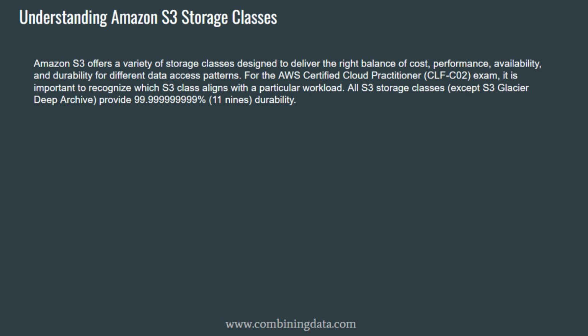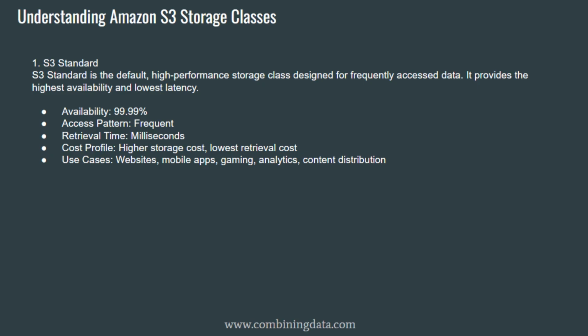The main difference between storage classes is how often data is accessed, how quickly it can be retrieved, and how much it costs. S3 Standard is the default storage class and is designed for frequently accessed data. It offers the highest availability, very low latency, and no retrieval fees, making it ideal for websites, mobile applications, content distribution, and analytics workloads.